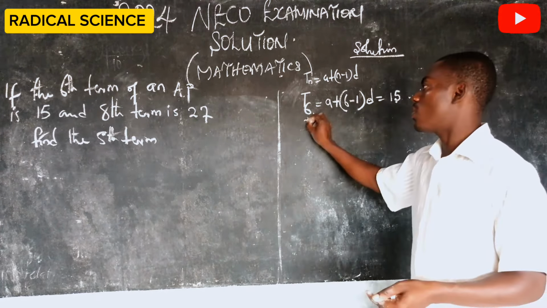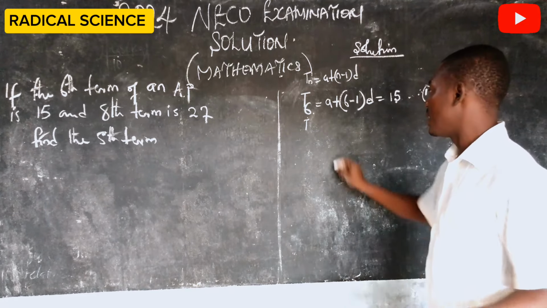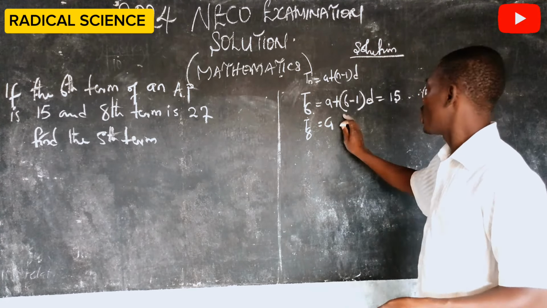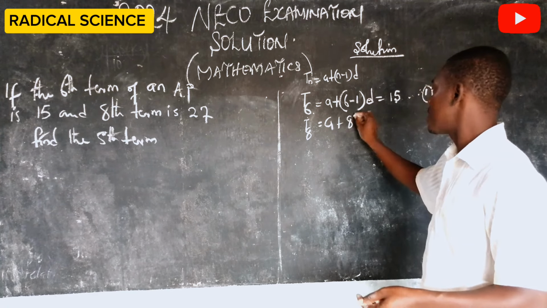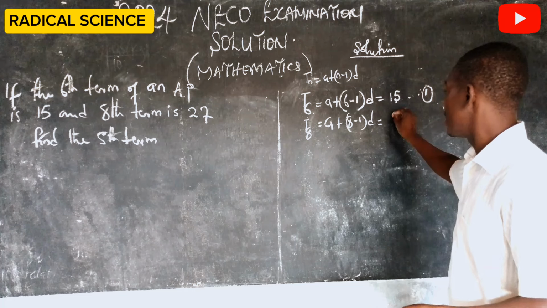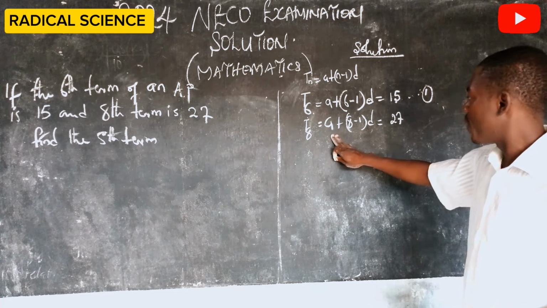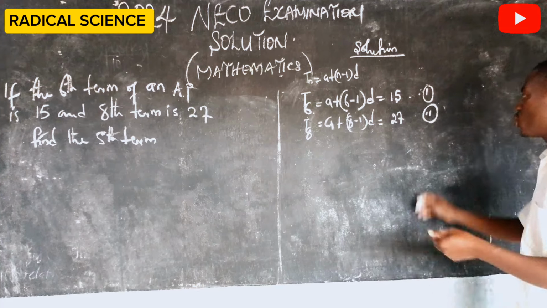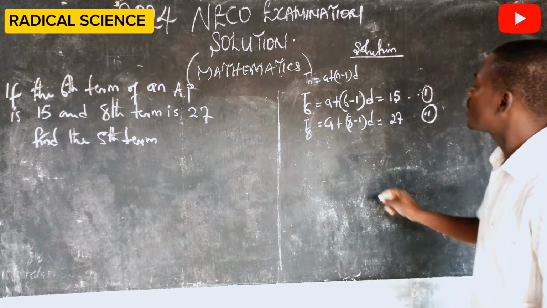And the second piece of information they gave us is that the eighth term is 27. Remember, they didn't give us the first term and the common difference. This is going to be the second equation.